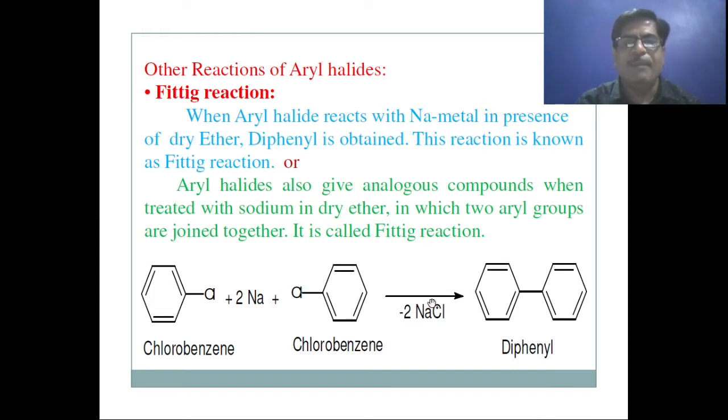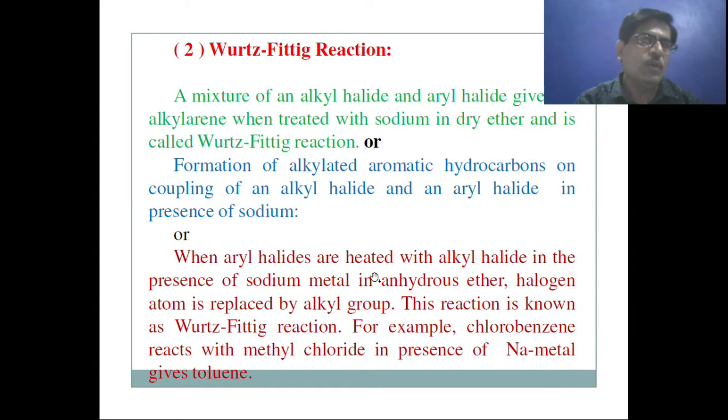Thus, when any simple aryl halide reacts with sodium in the presence of dry ether, we can easily get a diphenyl derivative compound. Now the second reaction is the Wurtz-Fittig reaction.